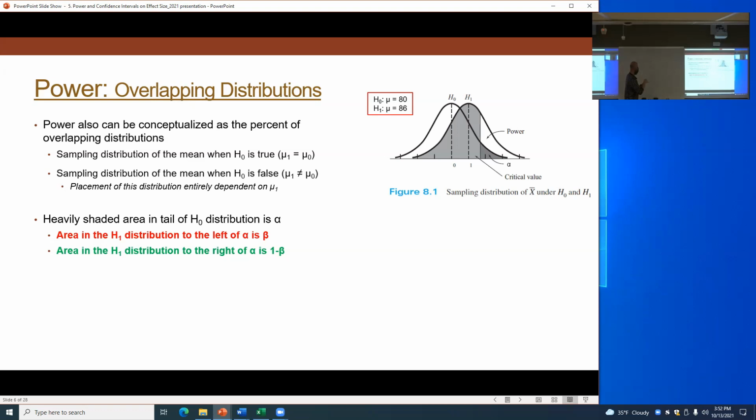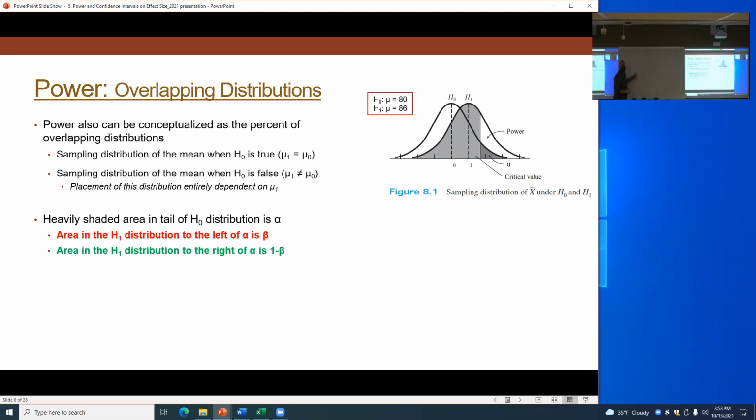If the mean isn't zero, or the difference isn't zero, or the relation isn't zero, now we've got a new distribution layered on there.